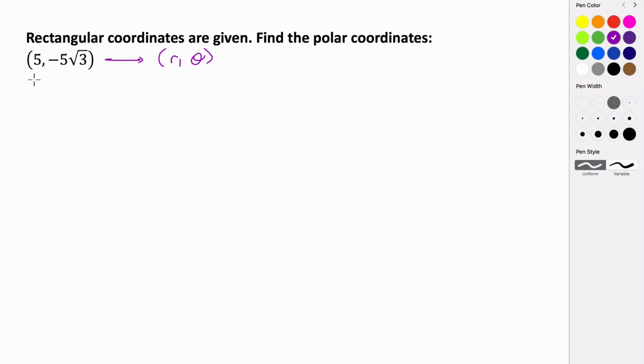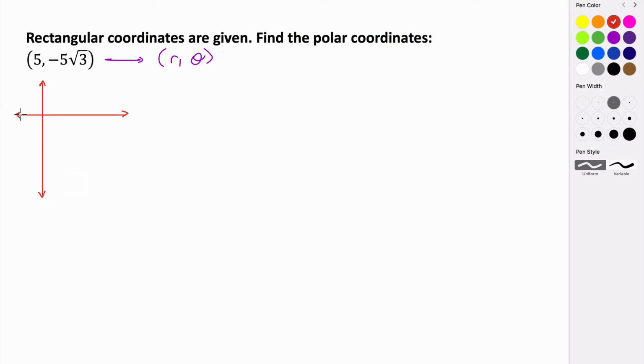Now, in order to do this and try and be more accurate, we should probably first roughly plot this point, so that we get a sense of where it is, what quadrant it is in. So 5 is a positive x value, and then -5√3 is a negative y value.